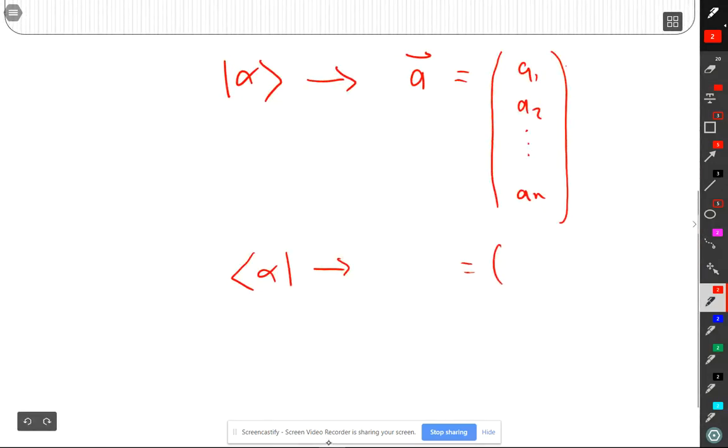So this is going to be, and I'm going to write it incorrectly at first. Does anybody know what I wrote incorrectly? Bra becomes complex conjugated.